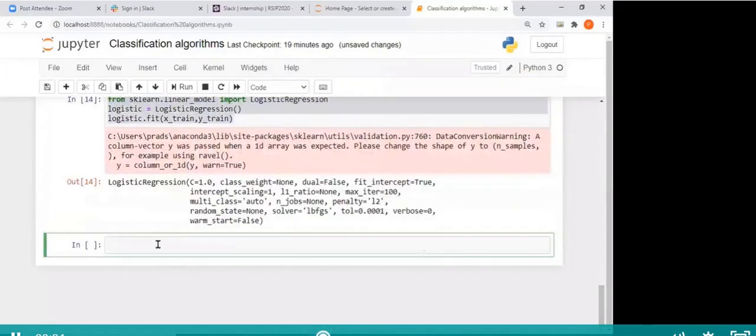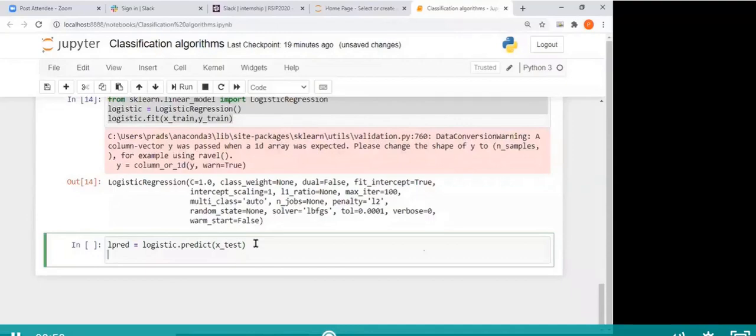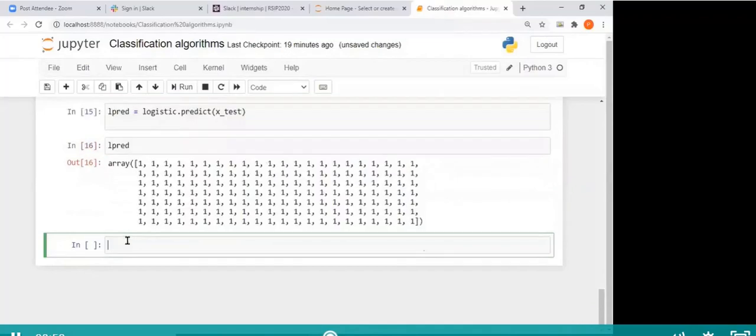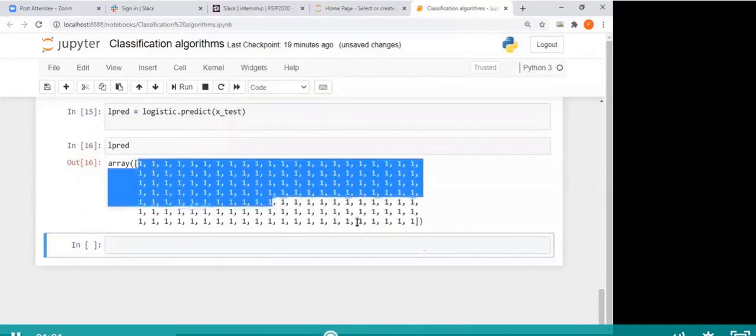Now let's predict the value. That means test the algorithm. So how can you test it? With the help of the predict function. So Y_lpred is equal to logistic.predict of X_test. Now let's see lpred. Lpred, it gave all ones.